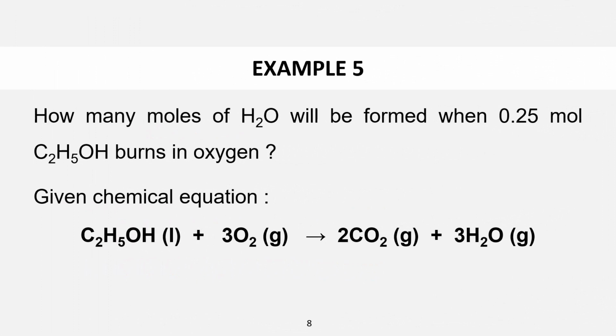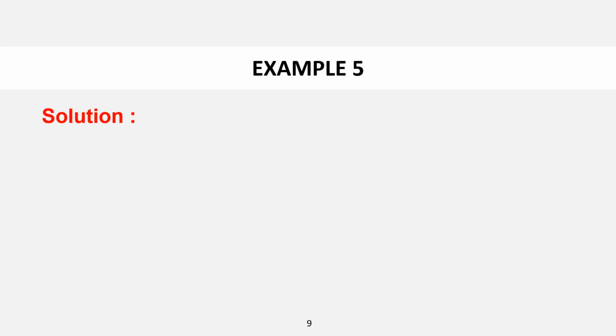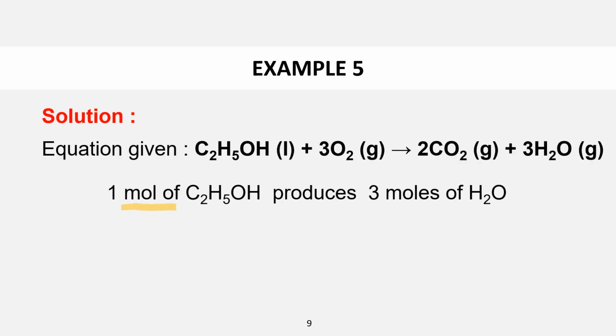Next example. How many moles of H2O will be formed when 0.25 mole of ethanol is burned in oxygen? The chemical reaction equation is as given. Based on the chemical equation, we can see that when 1 mole of ethanol reacts, it produces 3 moles of water.